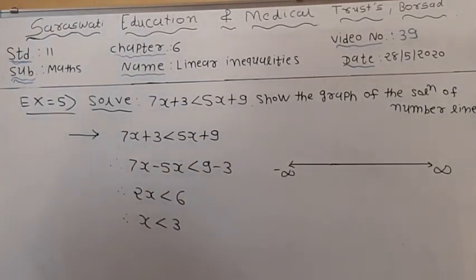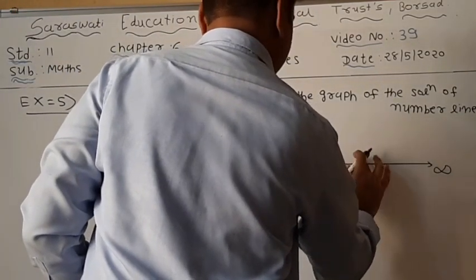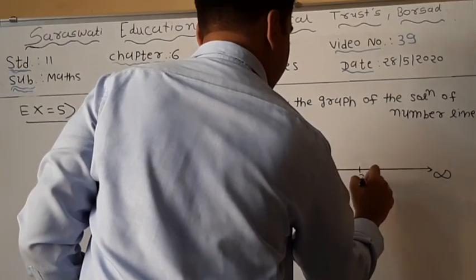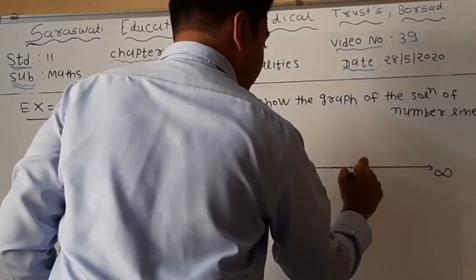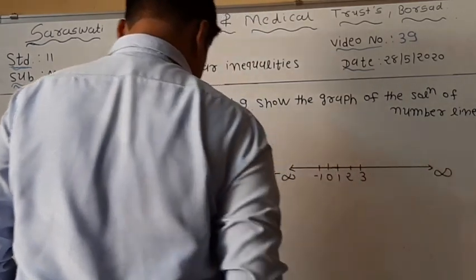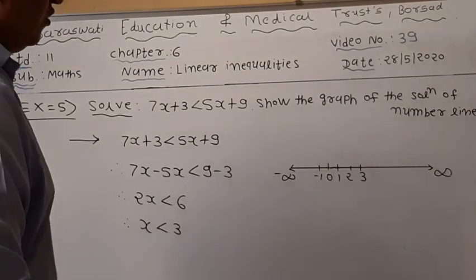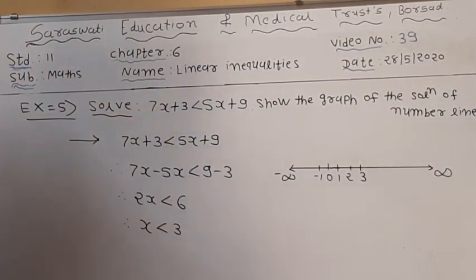Now the position of 3 is here. Here 3 is present, here 2, 1, 0, minus 1. Okay. Now our condition is x less than 3.